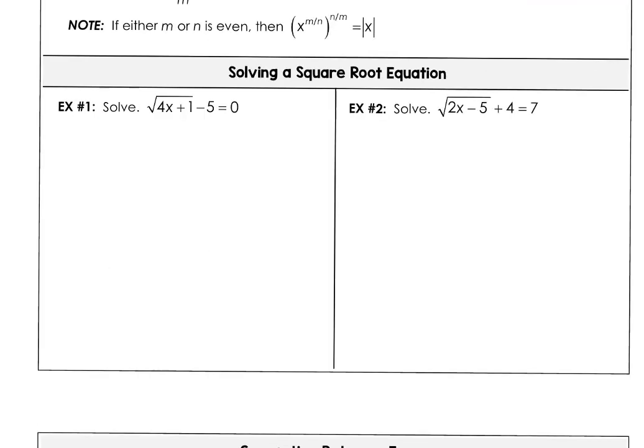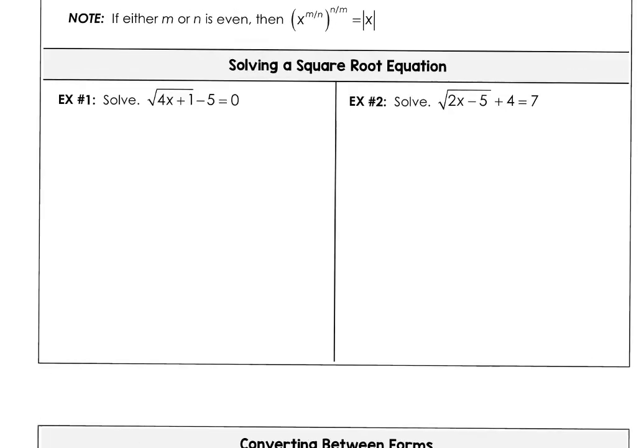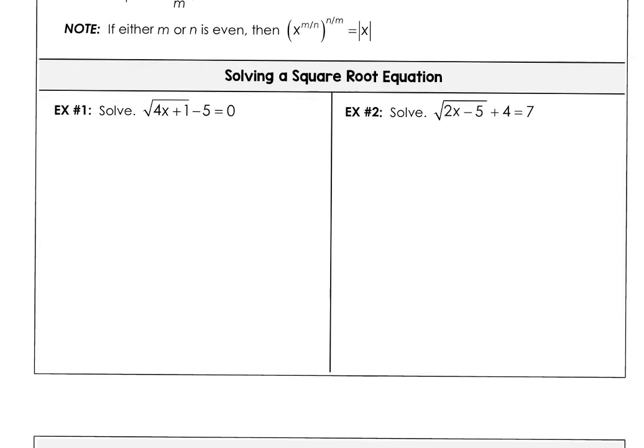In example 1, we want to isolate the radical to one side, so we're going to get the 5 to move to the other side by adding 5 to both sides. So radical 4x plus 1 is equal to positive 5. And our index is 2, so we want to square both sides of the equation.